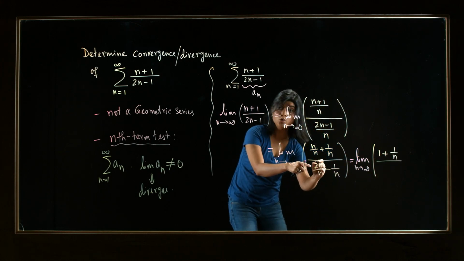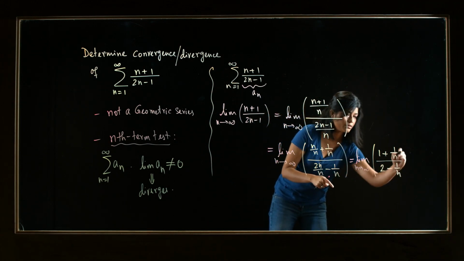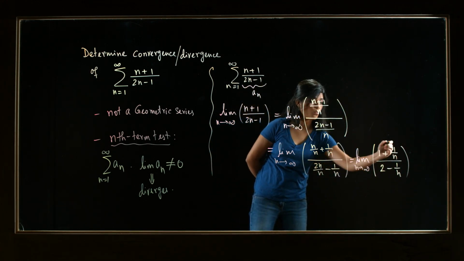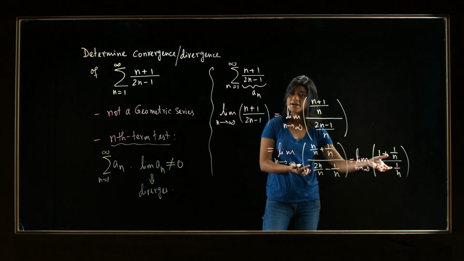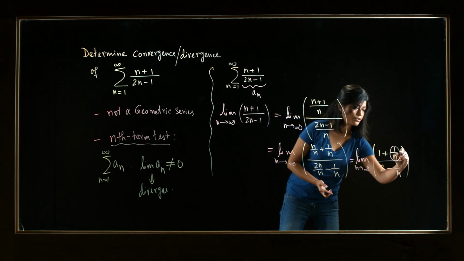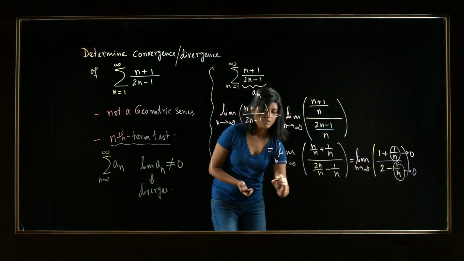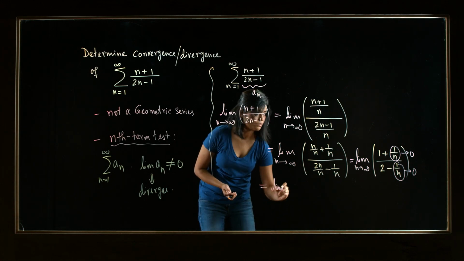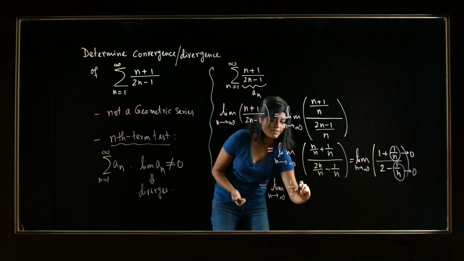In the denominator, we have 2n over n, so the n cancels and you get 2, and then we have negative 1 over n. Why did I do this? Because I know n is approaching infinity, so 1 over n will always approach 0. Because the denominator is getting big, the entire thing will get small. So this term will approach 0, and this term will also approach 0. So finally, we will have the limit of 1/2 as n approaches infinity, and that is 1/2.